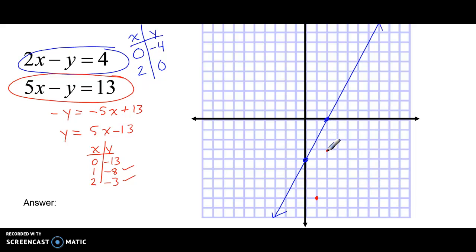And again, use a ruler, because if you try to eyeball it, who knows where you're going to end up. It won't be accurate enough to get the proper intersection. So you get a ruler, you connect those dots as well as you can, and you'll notice that if you're even a little bit inaccurate, like what I'm doing over here, then your point of intersection ends up really inaccurate.